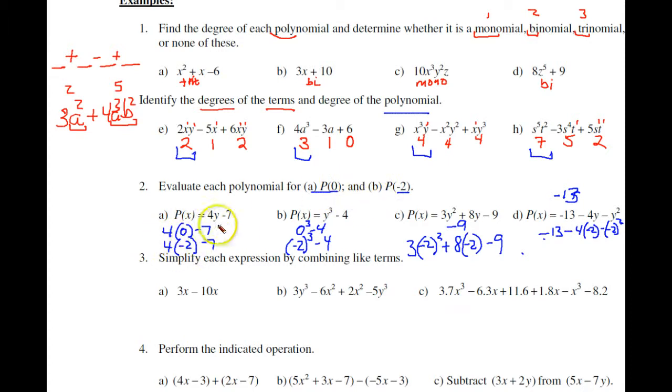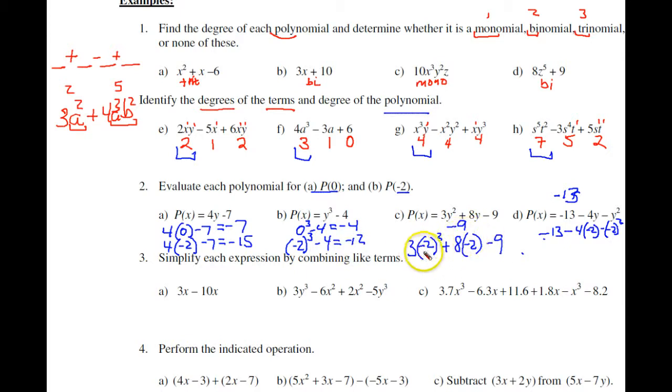So for this one, it's just going to be a negative 7. Here, this is a negative 8, and a negative 7 is a negative 15. This is going to be just a negative 4. And this will be a negative 8, because it's negative 2 times negative 2 times negative 2, odd, negative 8, negative 4, negative 12.